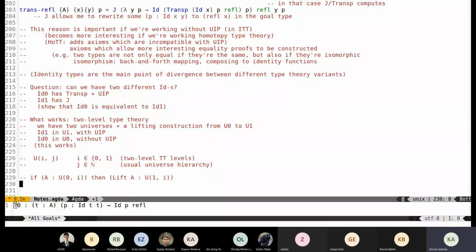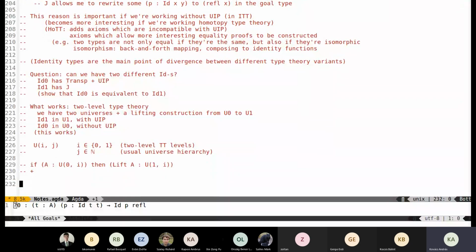Yeah, and plus there is a rule that every elimination principle stays in the same i level. So if I'm working in U0, then I have an elimination for natural numbers in U0, and I can only eliminate into the same level.